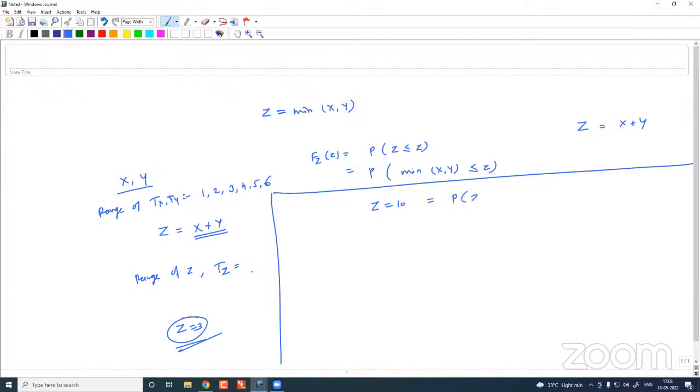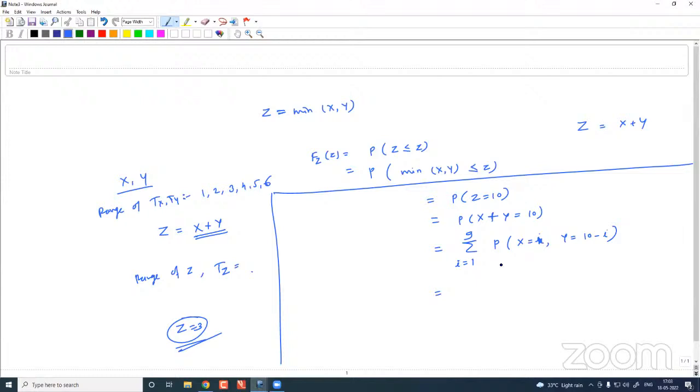What is the probability that Z equals 10? It is the probability that X plus Y equals 10.